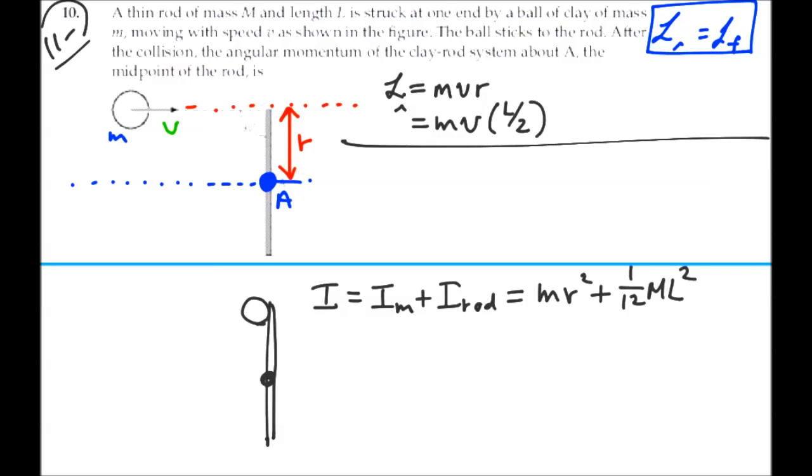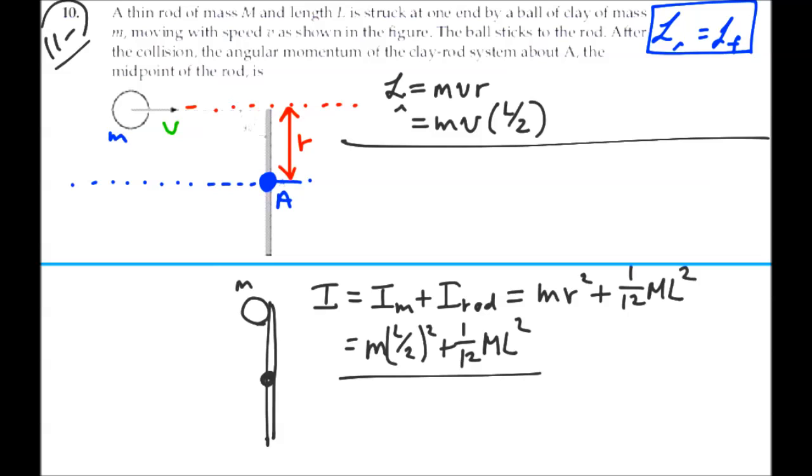R squared being L divided by 2, so this would actually be equal to little m (L divided by 2) squared plus 1/12 big M L squared. That's nice to know, but we don't actually have to know that. I just did that for future reference because usually that's what would be required in this kind of problem.